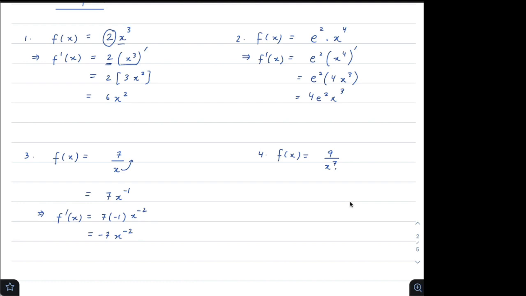In the second case again, if you move this up, the power is going to change sign. So please rewrite the functions in this manner before you even start differentiating.